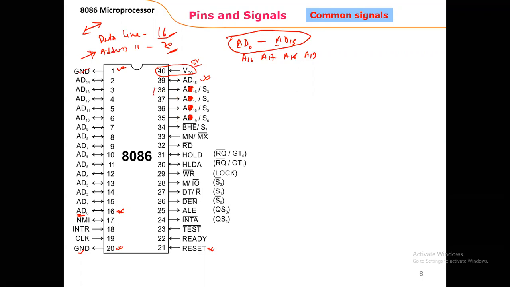This 4 address. Okay. 35 to 38. Okay. So total 20 and 4, total 24 complete. 20 and 4. This 20, 16 AD0 to AD15, then A16, A17, A18, A19. This is the total 20.